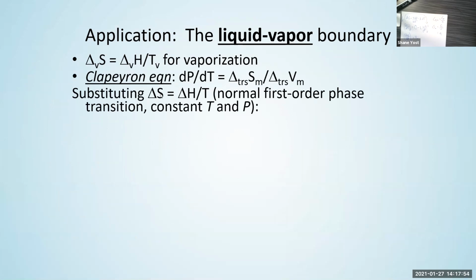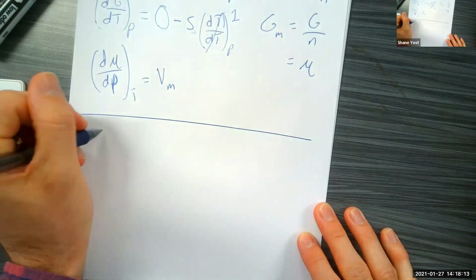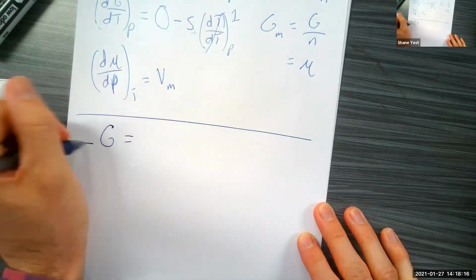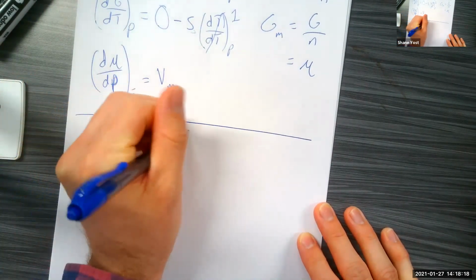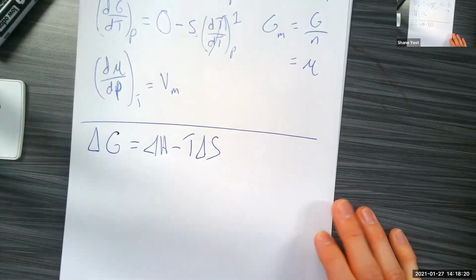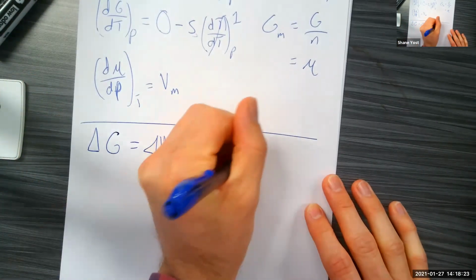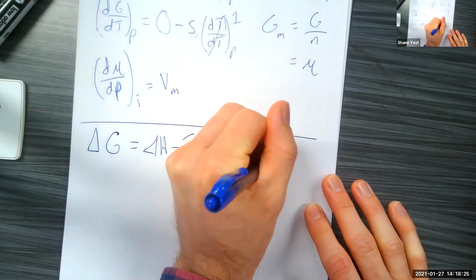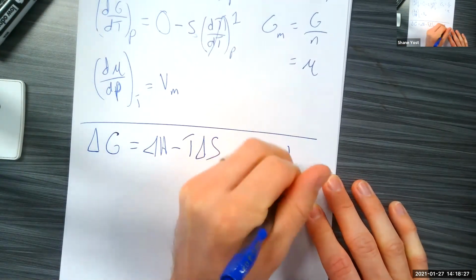So again, this delta S can be related with delta H divided by T, because at our phase boundaries, we're at equilibrium. If we want to remind ourselves, Gibbs free energy is delta G equals delta H minus T delta S. Well, if I'm at equilibrium, delta G is equal to 0.